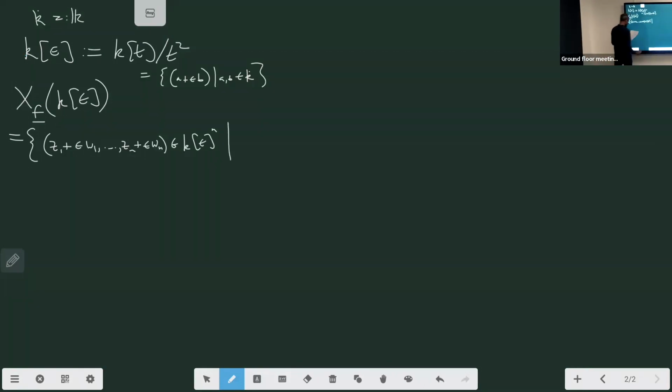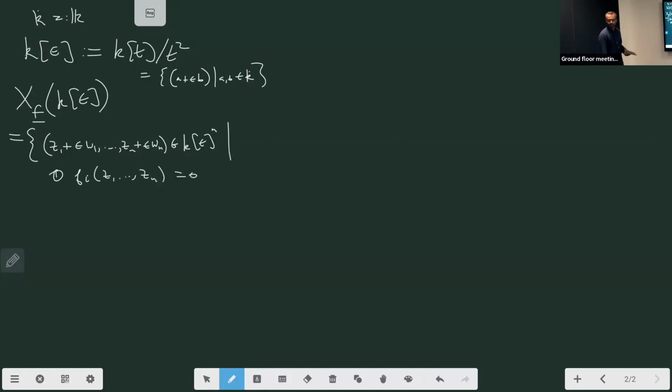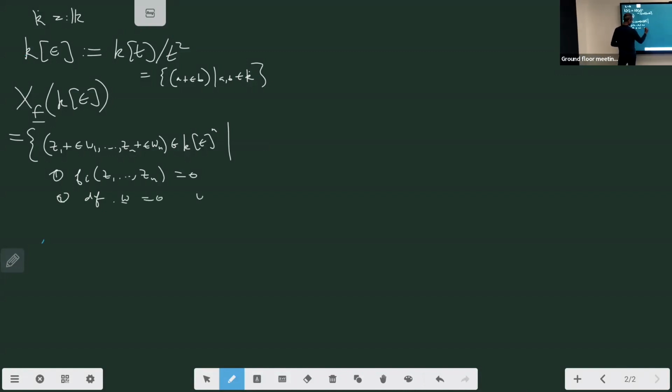I'm looking at elements here which satisfy the equations: one, f_i of Z1 through Zn is 0, which just says that Z1 through Zn is an ordinary point of this space, a K point of the space. And two, Tf, which is the matrix you can build out of the derivatives of f, acting on the vector W, is 0, where W is W1 through Wn.